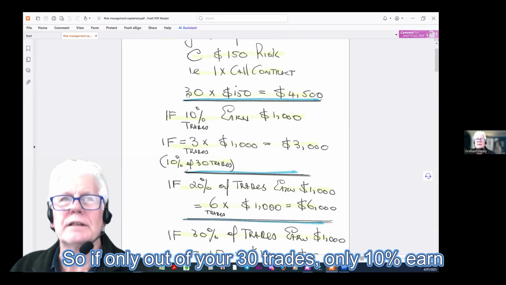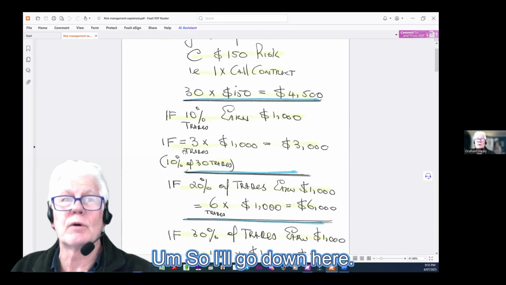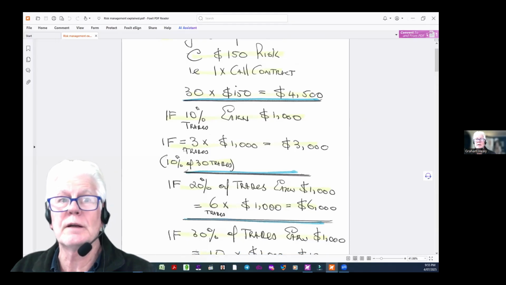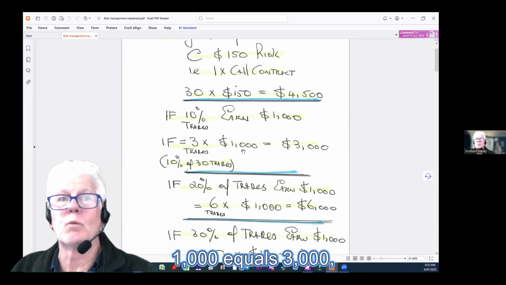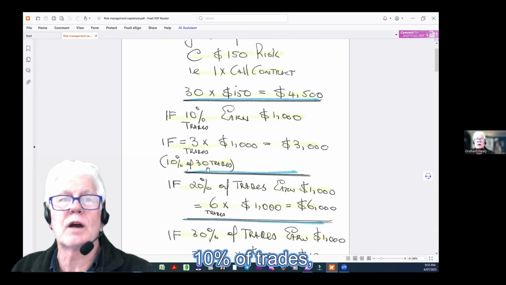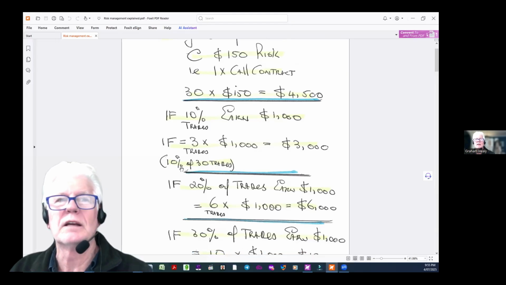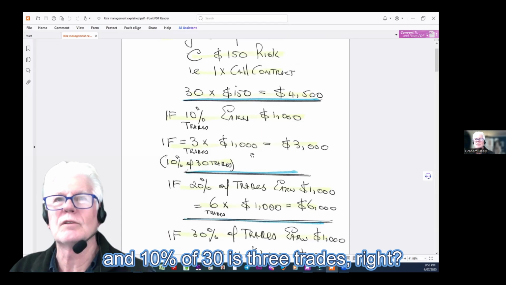So if out of your 30 trades, only 10% earn $1,000 as a winning trade, I'll go down here. That means 3 by 1,000 equals 3,000, right? 10% of 30 is 3 trades.